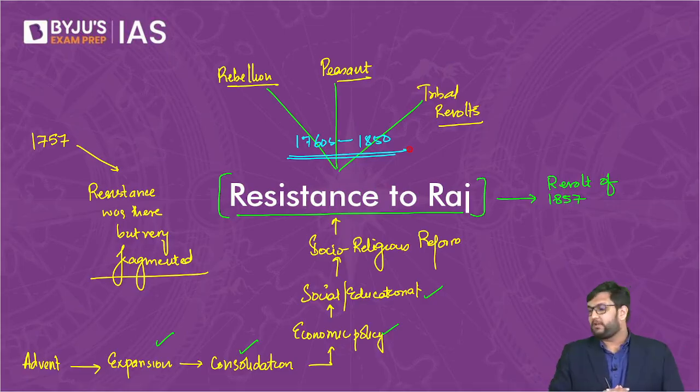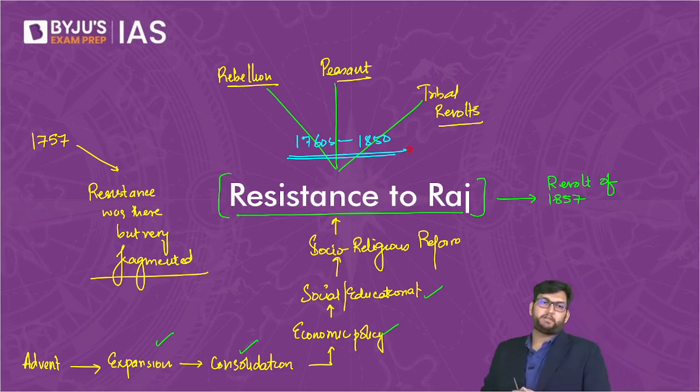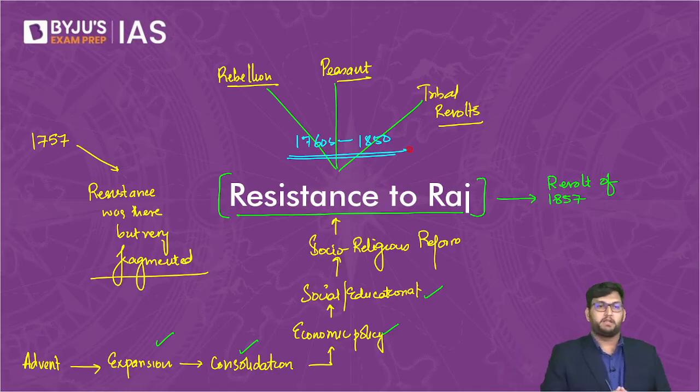But there's a problem in them that does not allow them to be the revolt of 1857 or does not allow them to be successful. So the first point is that we are very simply and logically moving in a certain direction. We started with advent, we came to expansion, then consolidation, then economic policy, then education policy, then social justice reform.